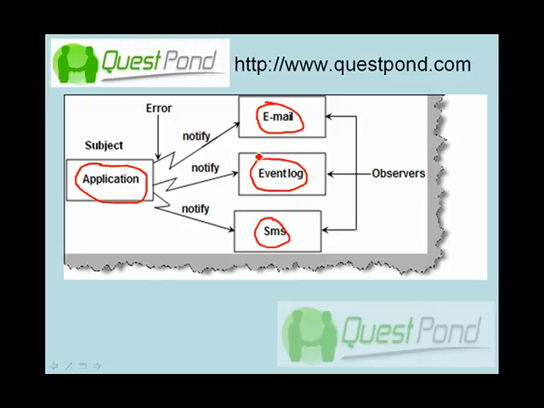So what you can visualize over here is that there is a subscriber and there is a publisher, or you can say that you need an architecture which is more of broadcasting the error messages. So if you have such a situation where you want to broadcast your messages to multiple subscribers, that's where you need observer pattern.